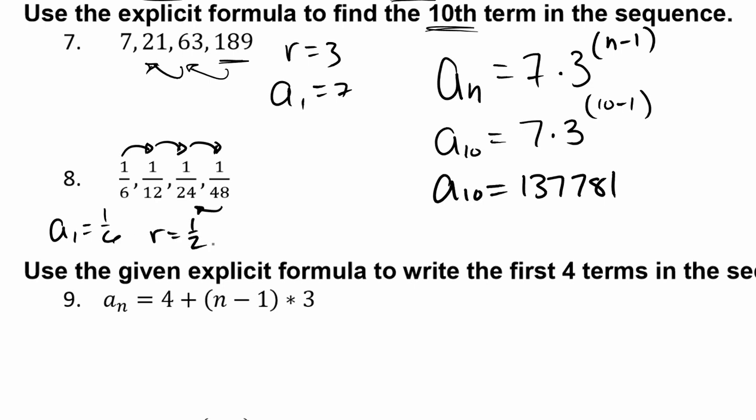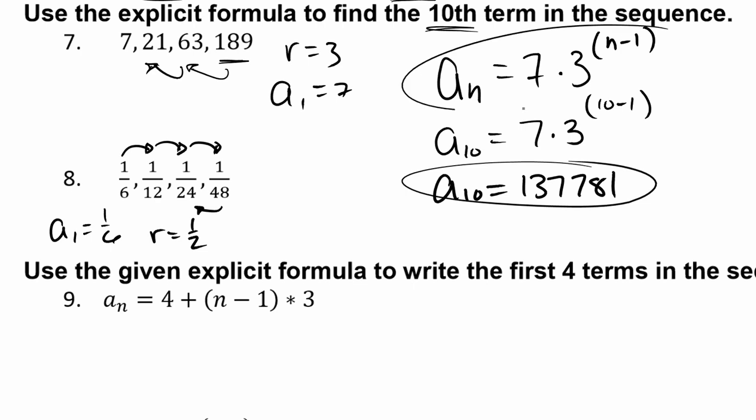So the explicit rule for number 8, here's the explicit rule for number 7, and here's the function. The explicit rule for number 8 is, you know what, I should be using G for geometric. That's what our textbook does. I'll use that.